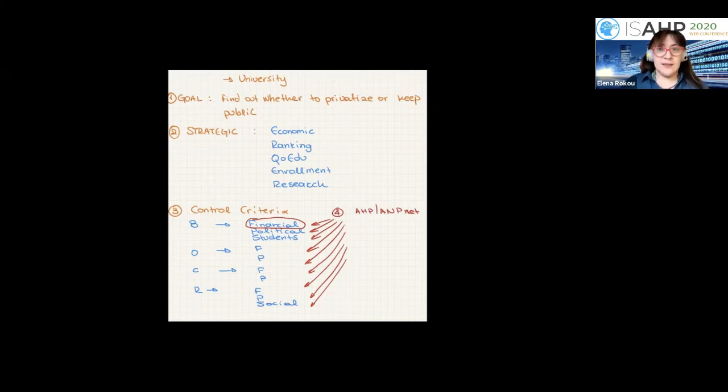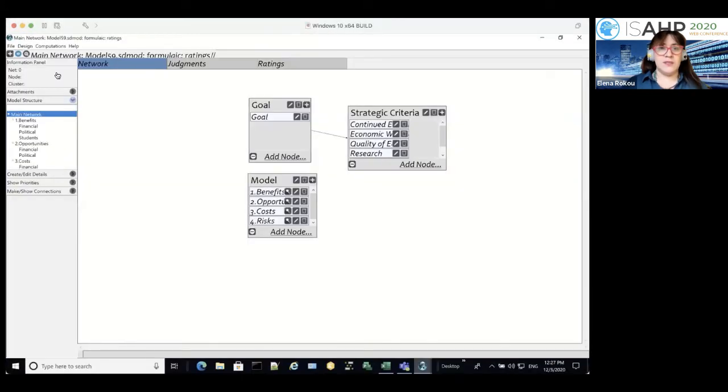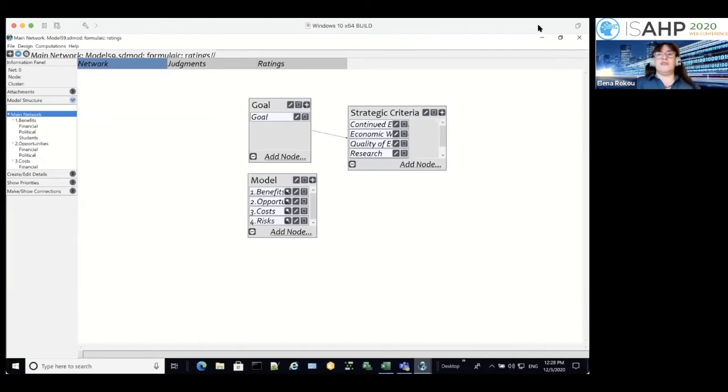And that would lead us to our Super Decisions model. So if we create all the bottom level networks, we'll then be able to see in Super Decisions our full model, which today, because we don't have much time, I have already created for you, and you can find a tutorial on how to create it on superdecisions.com.